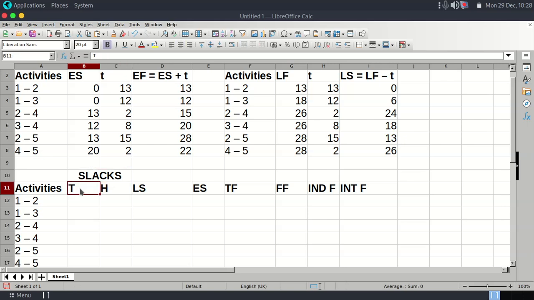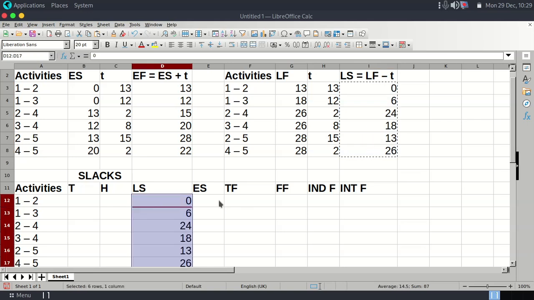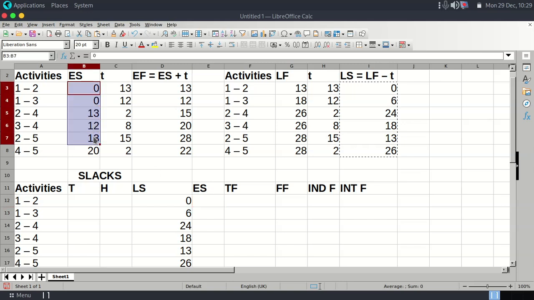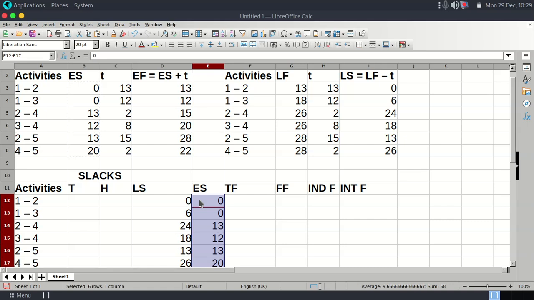T is the tail slack, and H is the head slack. Now notice that we have LS, which is the latest start time. LS has been calculated, so we can just get these values and paste them there. Then ES, the earliest start time, we already have it here. So get these values, paste them there.